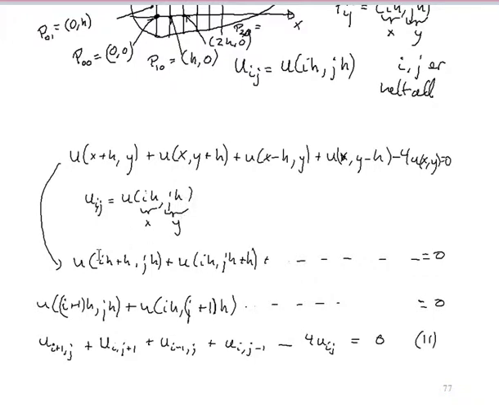So u at ((i+1)h, jh) must therefore be u_(i+1)j. And similarly, this expression is simplified to u_i(j+1). So we end up with this symbolic equation.